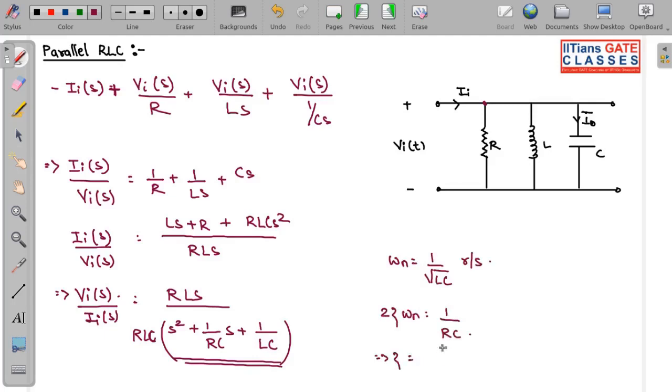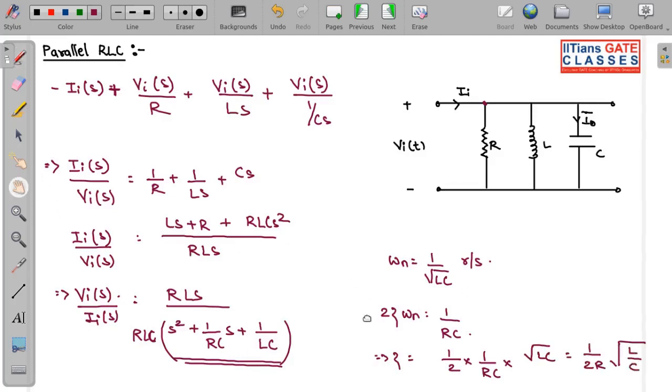So zeta is equal to 1/2 into 1/RC into 1/omega n, which is under root LC. So this is equal to 1/(2R) under root of L/C. This value we got for zeta.